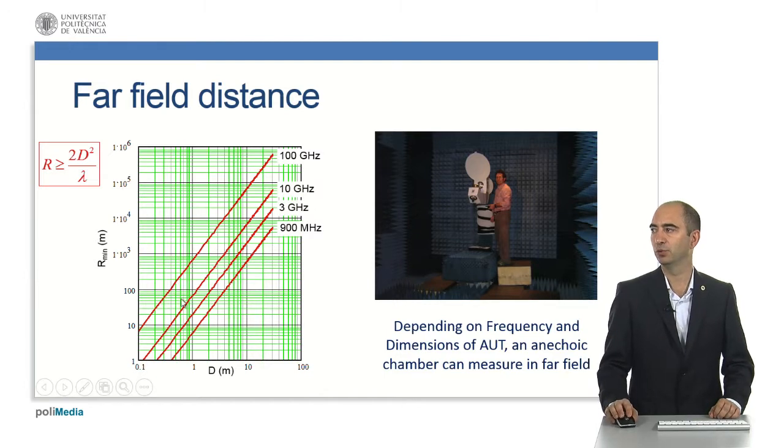Here we have a graph for different frequencies, for different dimensions of antenna under test, and in this axis we have the far field distance. For instance, for 900 megahertz and a 1 meter antenna, you can have far field at 4 meters or 5 meters. However, for 100 gigahertz and 10 meter antennas, you need some kilometers.